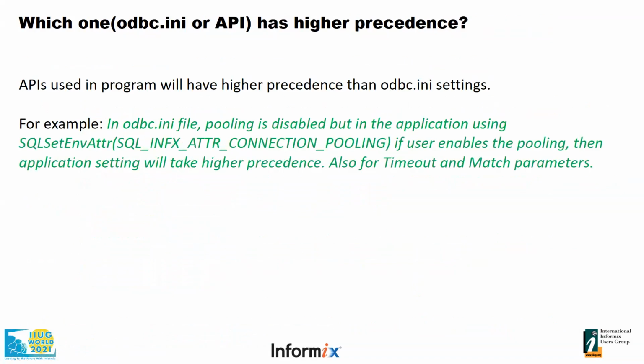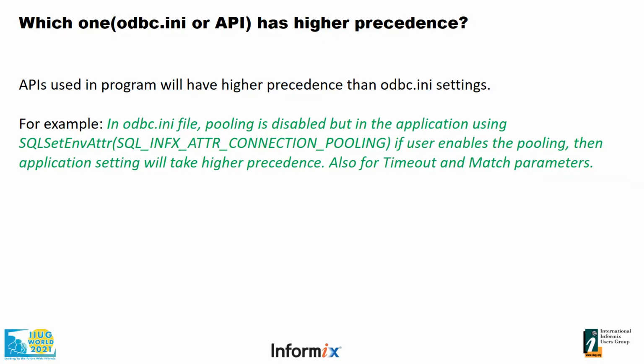Next we talk about precedence. Now we have two options: you can enable or disable pooling in the ODBC INI file or through the API. Which one has the higher precedence? The API used in a program has higher precedence than the odbc.ini settings. For example, if you disable connection pooling in the odbc.ini file, it is disabled from that setting.